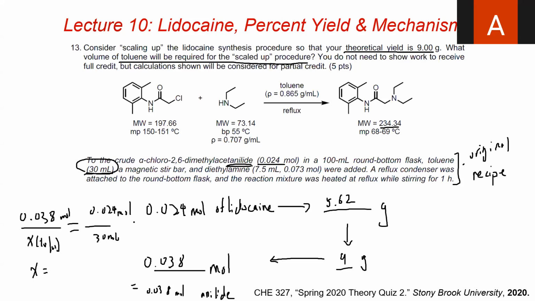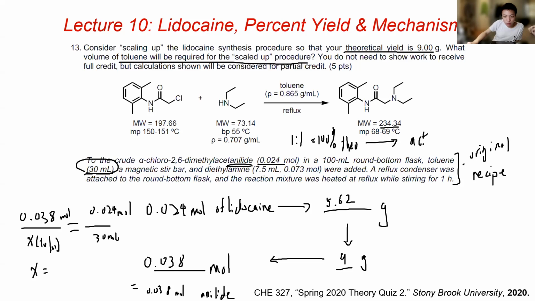So explicitly speaking, what are the mole ratios when dealing with the lidocaine synthesis? We assume that it's 1 to 1, theoretically. That's 100% yield theoretically, but the actual is 50%.